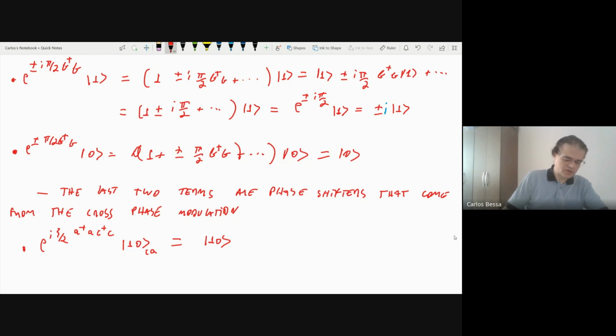And the same for the others. You have always just a phase. Let me just put here all the expressions, 0, 0. Again, the first is mode C, the second is mode A. So these will give just 0, 0.